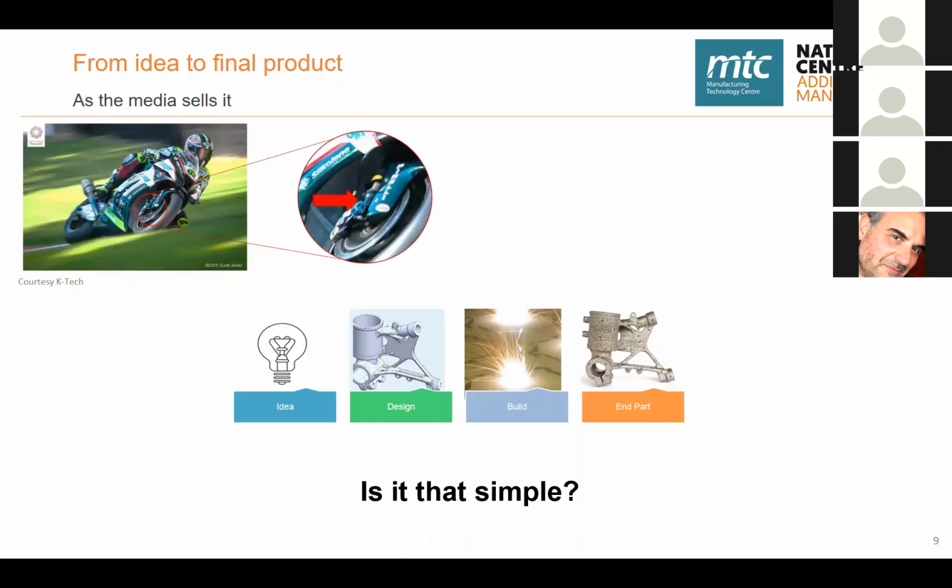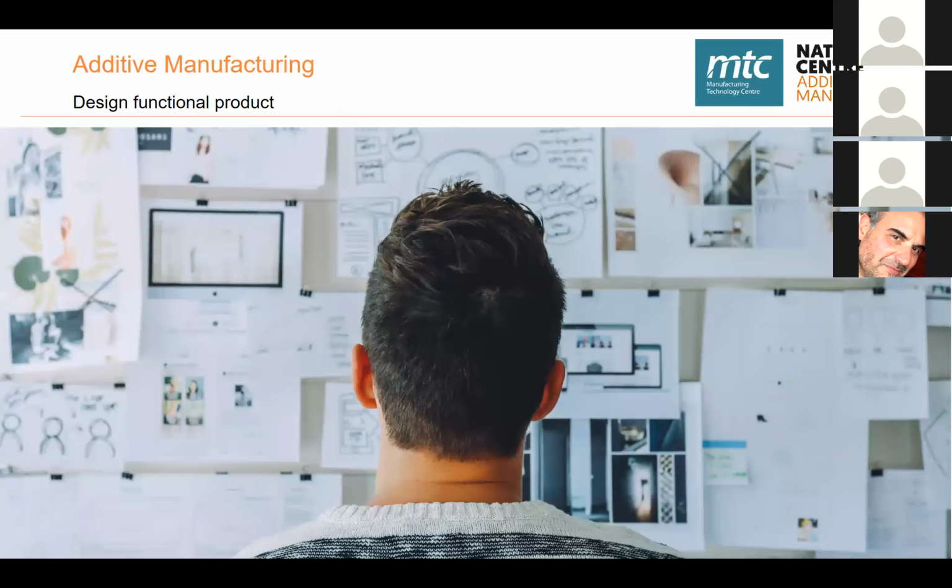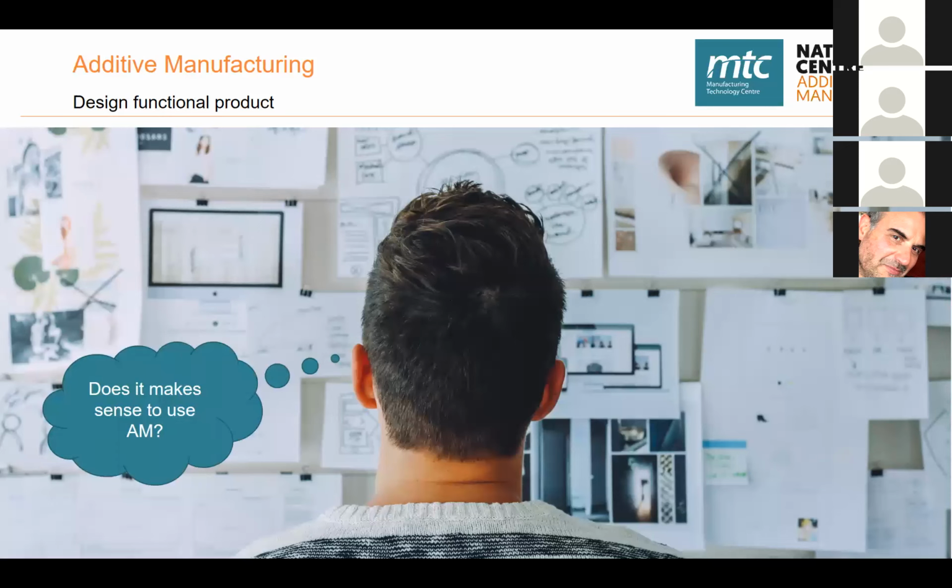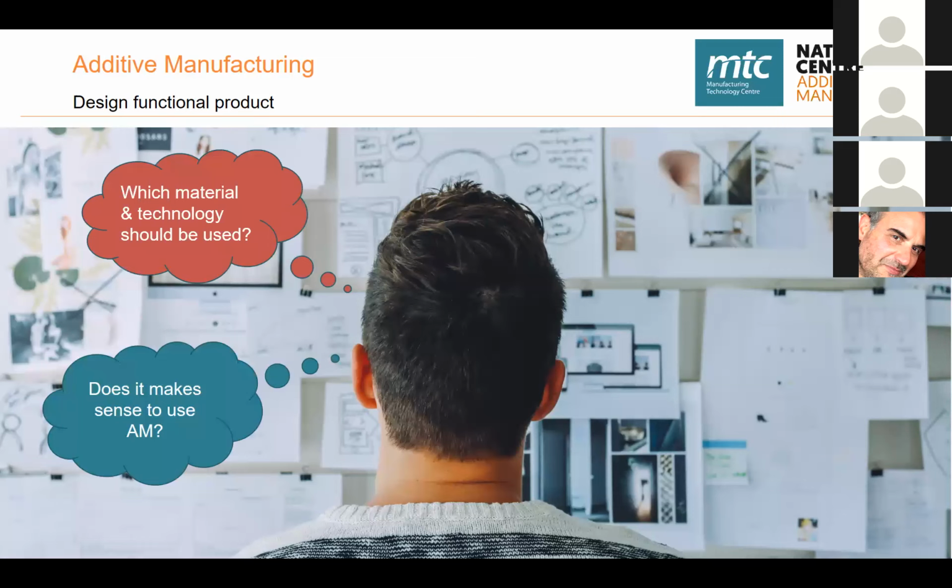In reality, we have more challenges that the designer needs to think about when we design for additive manufacturing. So, when designing a functional product, there are some questions that arise. Does it make sense to use additive manufacturing, or which material and technology should be used?